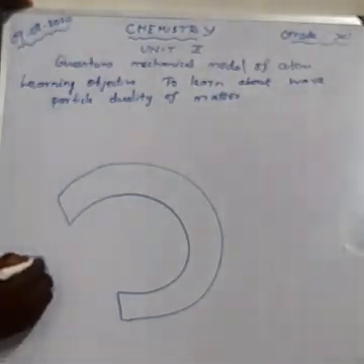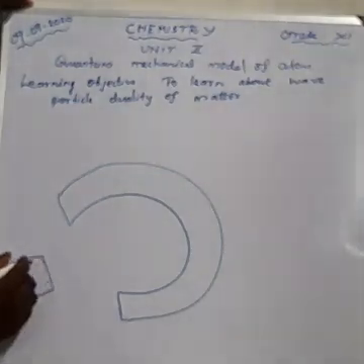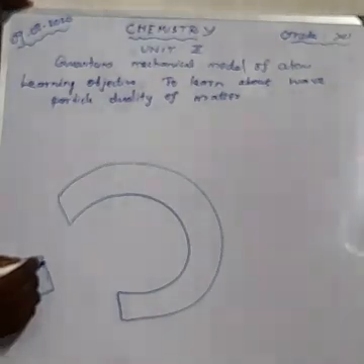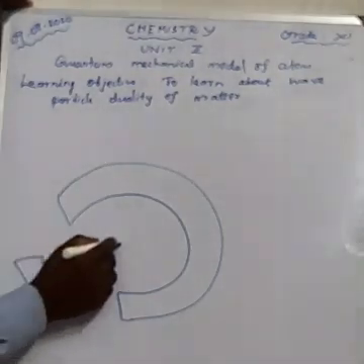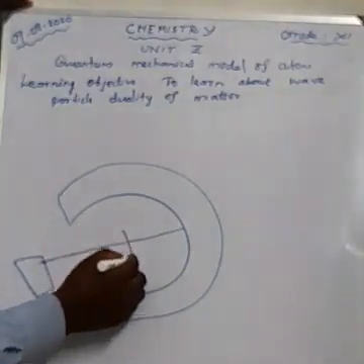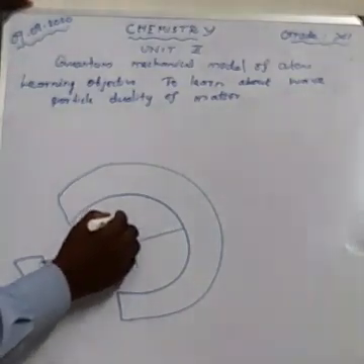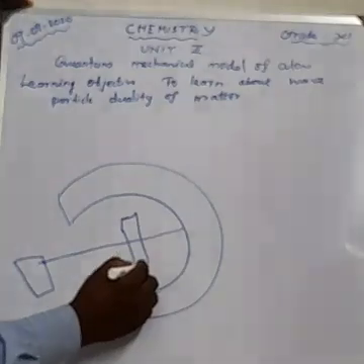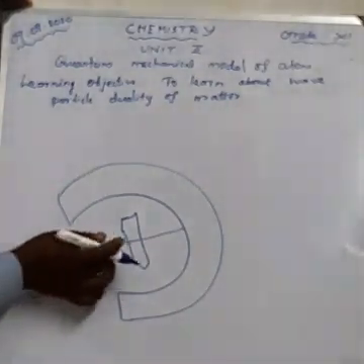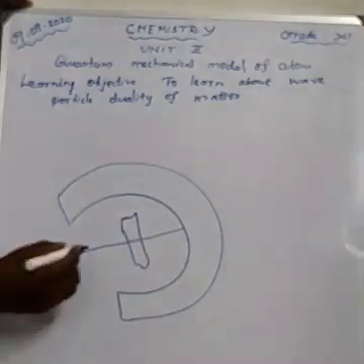The alpha particles are passed through the foil. This is the thin gold foil.